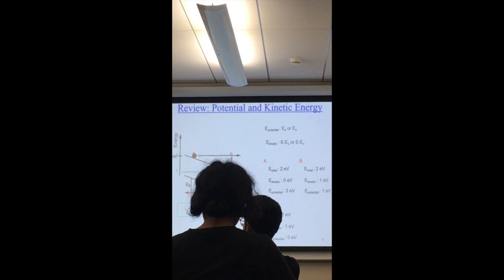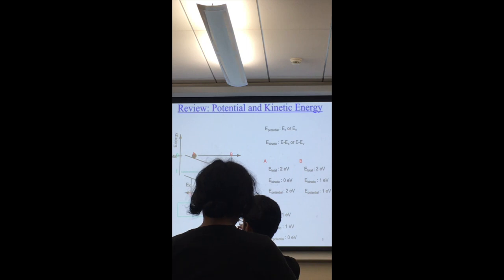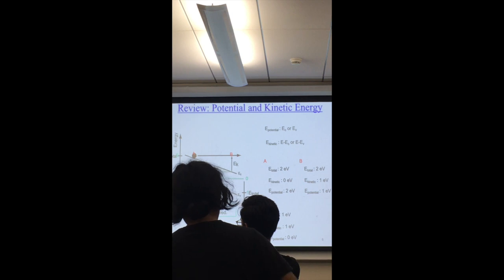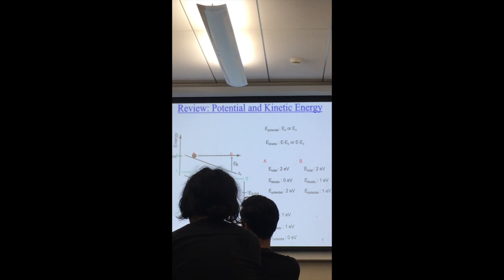For example, in this B, just draw a vertical line here, then a horizontal line, and you can find the corresponding value for EC. This is the potential energy. The kinetic energy is the difference between the actual position of the electron and EC. Basically this distance here is the kinetic energy. So we should be able to determine these values.